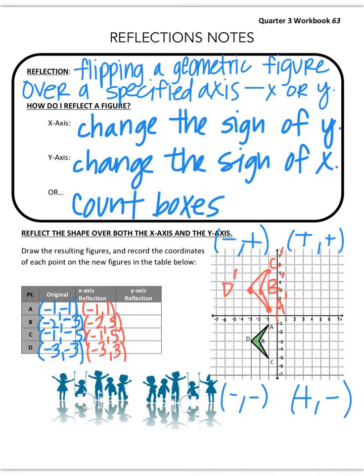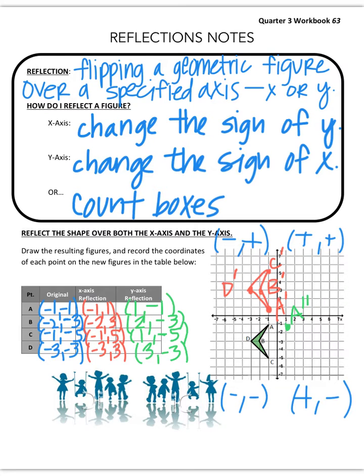Let's go ahead and try the y-axis reflection. So that's going to go from quadrant 3 over to quadrant 4. So this time we'll have positive x values and negative y's. Okay, let's go ahead and plot these points. So 1, negative 1, that's going to be A prime prime. So we'll use 2 apostrophes this time.